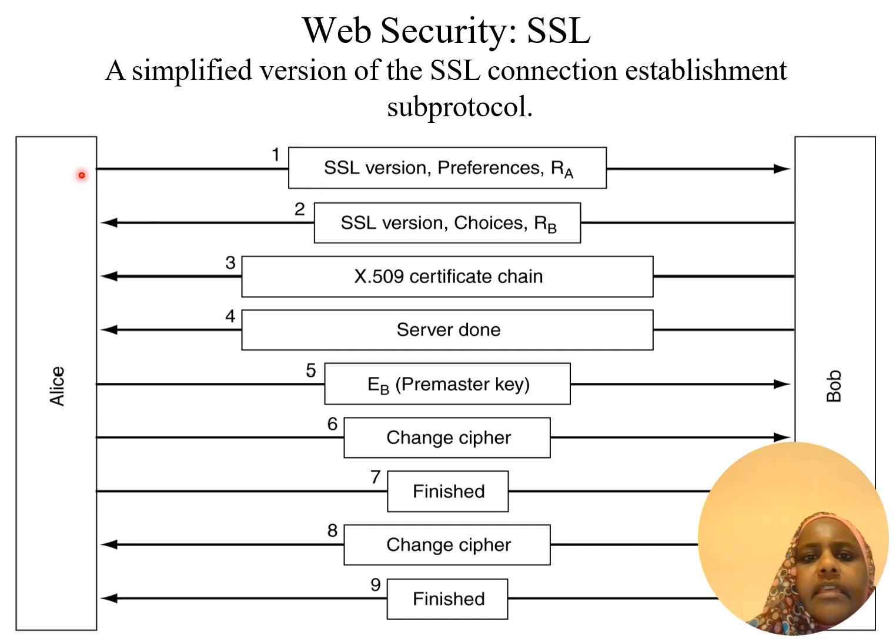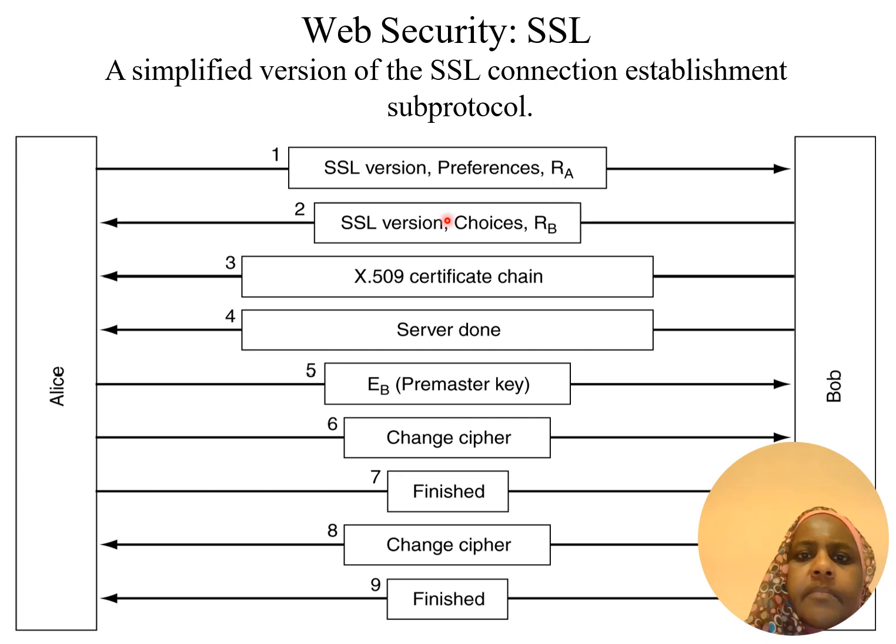In SSL, for the messages between the server and the client, the client, Alice, connects to the server, Bob, sending the SSL version that she is using, her preferences in the communication, and her public key.